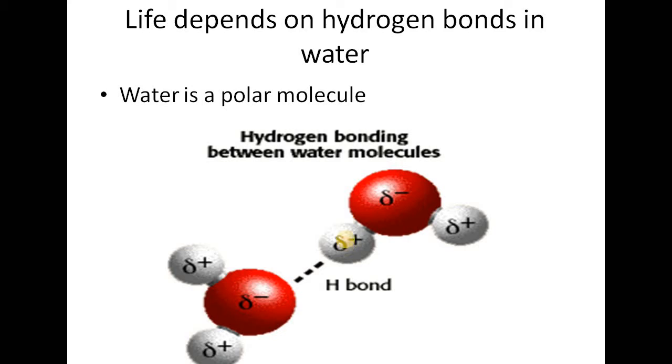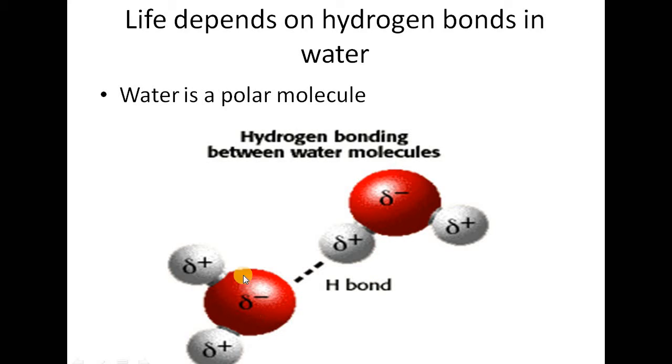Now, this causes the oxygen here to have a slightly negative charge, because the pair of electrons is attracted more to the oxygen atom, and this causes the hydrogen atom to have a slightly positive charge.